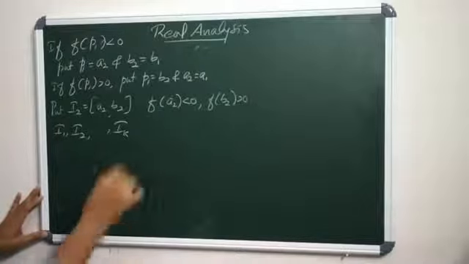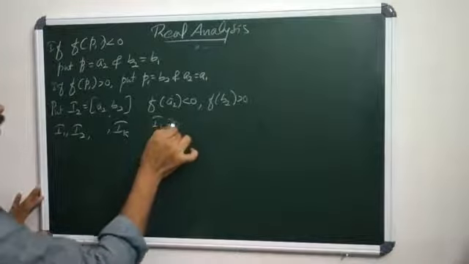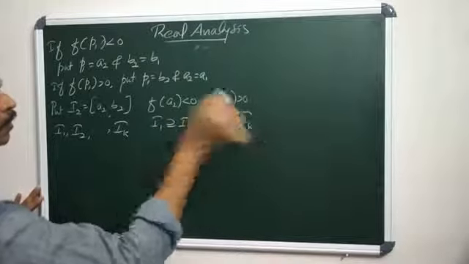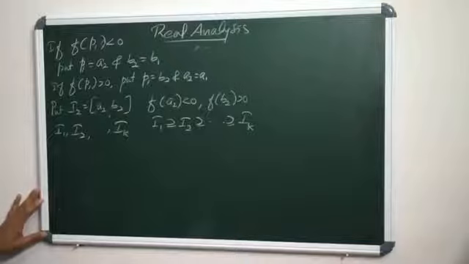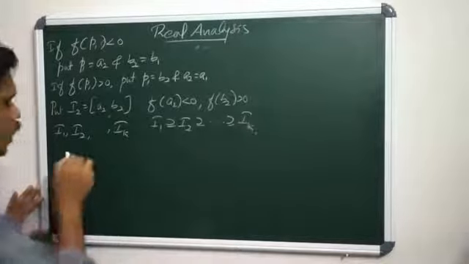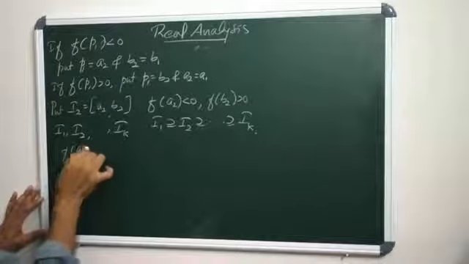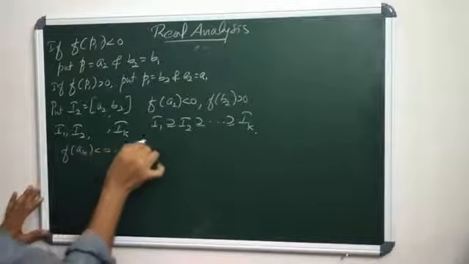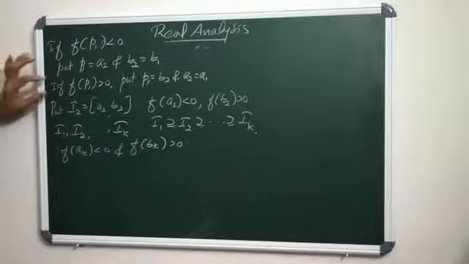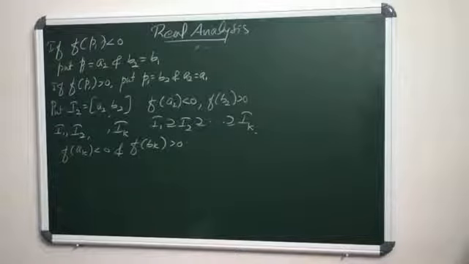such that I1 is a superset of I2, a superset of and so on, a superset of Ik. And f(a2) is negative. So clearly f(ak) is negative and f(bk) is positive according to this argument. Clear?